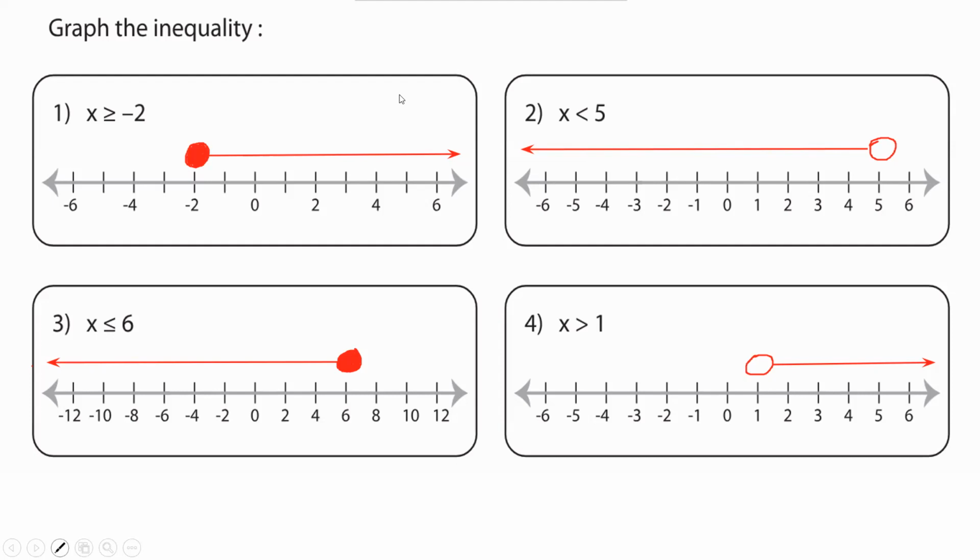Yes, sir. Number 4 says x is greater than 1. So we circle x and do not shade it because it's not lined under it. And then we go to the right because they say x is greater than 1. So we look for the greater numbers. Very good.